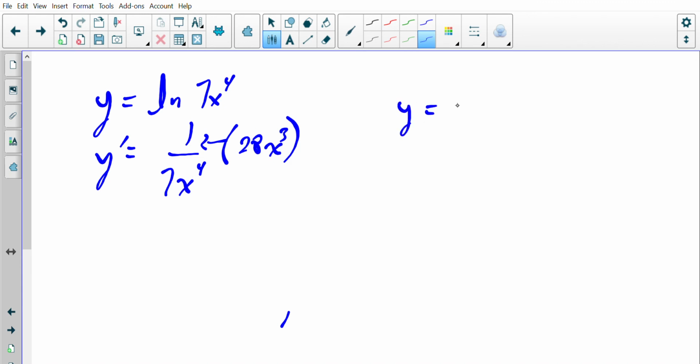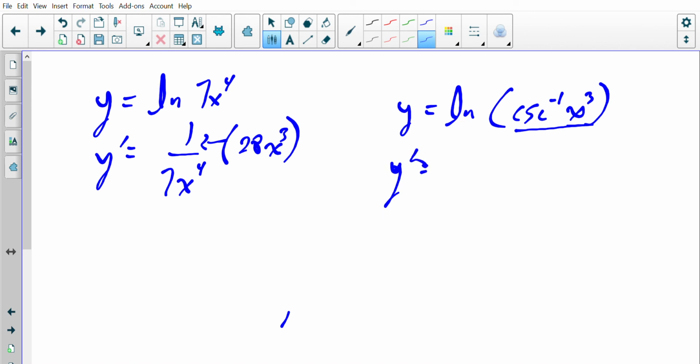I'll show you. Let's say, for example, I have the natural log of inverse cosecant, something we looked at earlier in our derivative rules, of x cubed. So now it's natural log of, this is the argument, so y prime would be 1 over u.